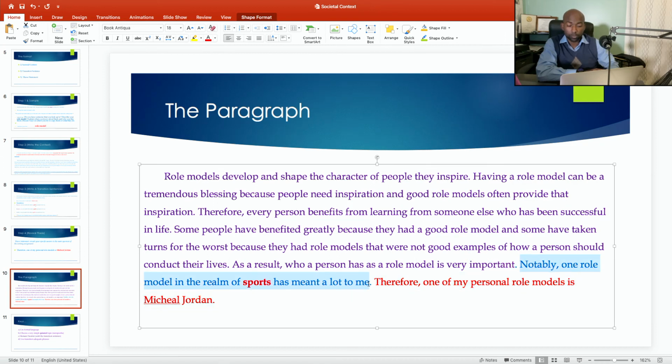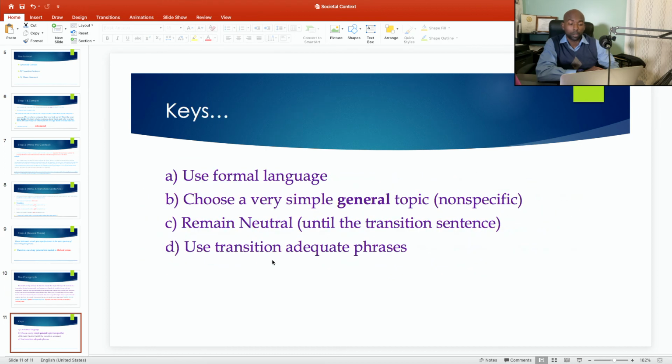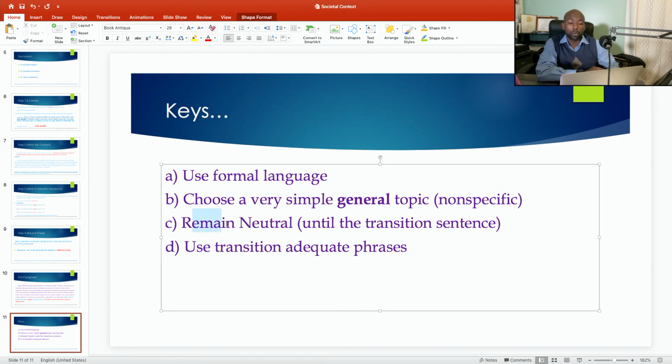So the transition is where we first begin to become specific, okay? The transition, and then we reveal who we chose in the thesis. But in the actual context part, notice we're remaining general. All right, that's what we mean when we say your context should be neutral. So make sure that you remain neutral in the context until you get to the transition sentence.